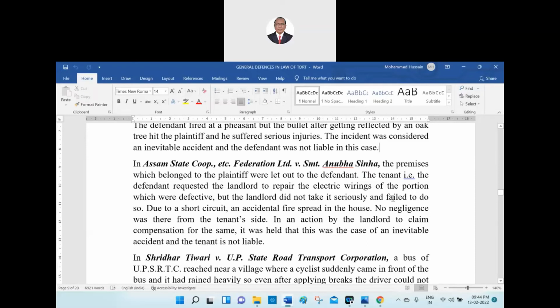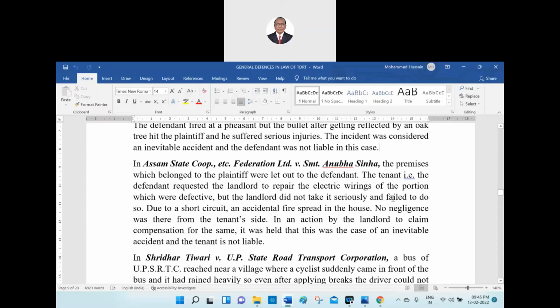Due to a short circuit, an accidental fire spread in the house. No negligence was there from the tenant's side because the electric wiring was not properly installed. In an action by the landlord to claim compensation for the same, it was held that this was a case of inevitable accident and the tenant is not liable.